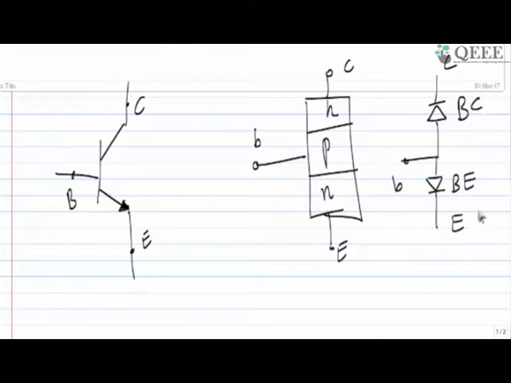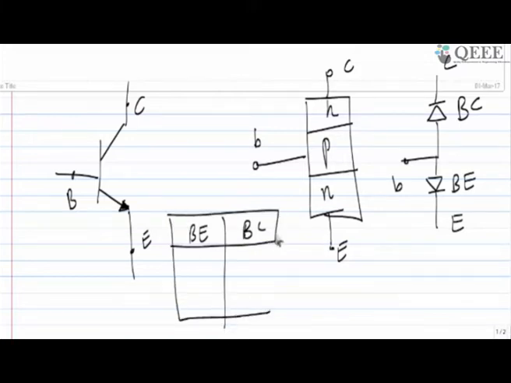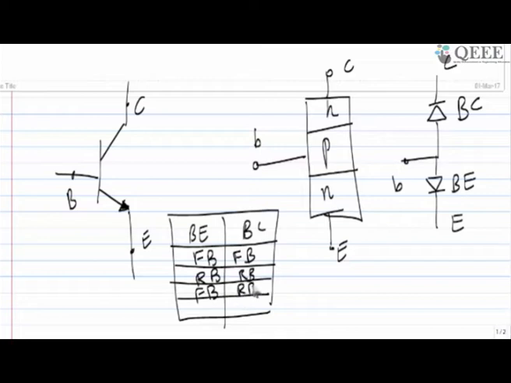For these two junctions you can have different possibilities, four in total. Either both are forward bias, both are reverse bias, or one is forward bias and one is reverse bias. All four possibilities give you one mode of operation each.